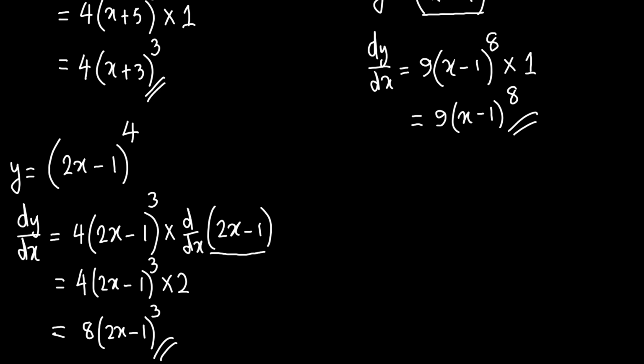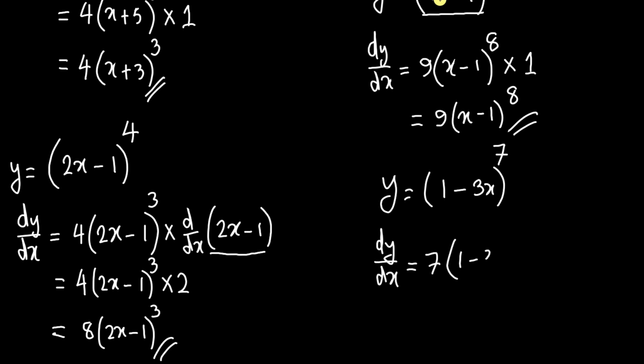Let's see another example. y = (1 - 3x)^7. How to differentiate this? Similar procedure. First write dy/dx, then differentiate the power: 7(1 - 3x)^6.